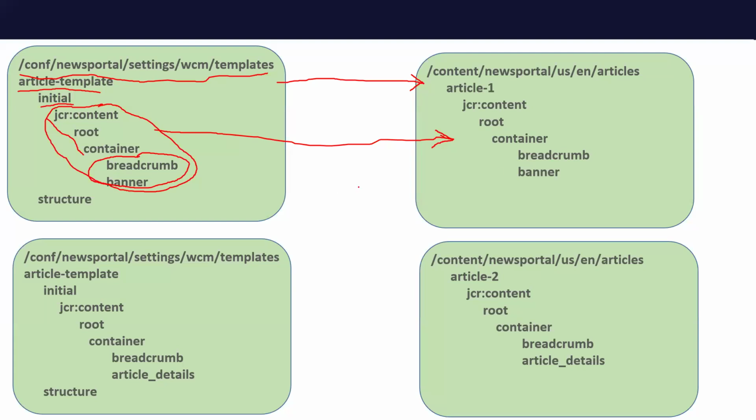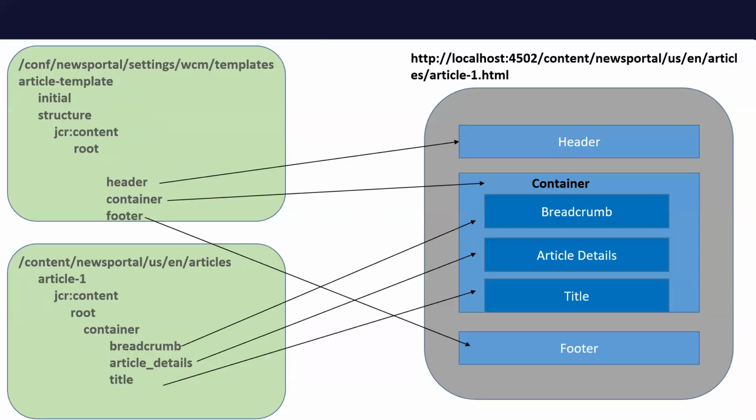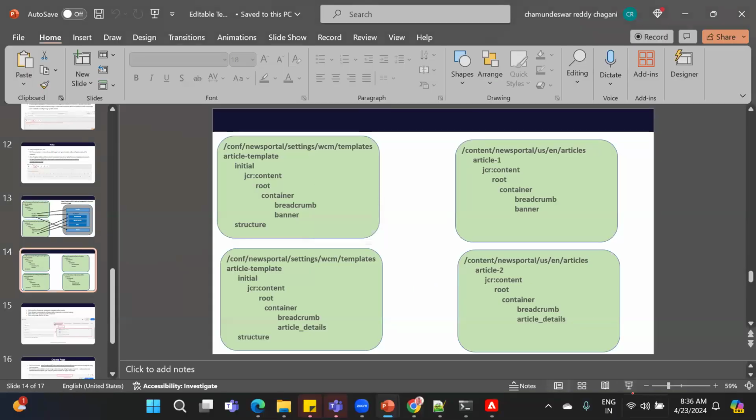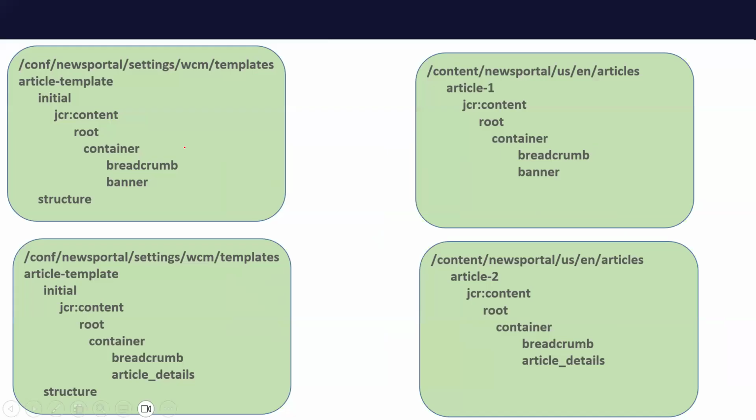That's why those three components are available in Article 5, because we have defined those three components as the initial components of the article template, and those components are stored at initial content. When you create Article 5, this content will be copy-pasted from template level to page.